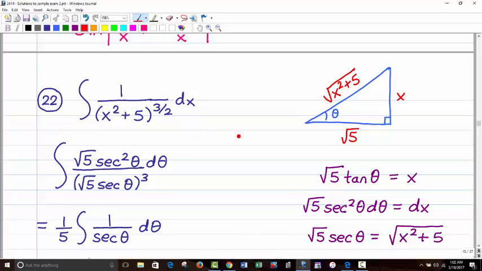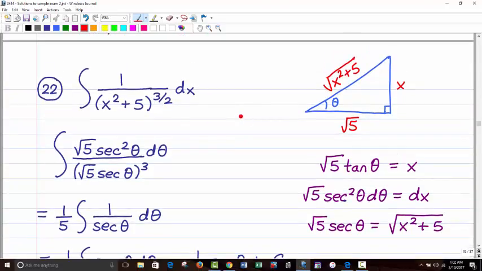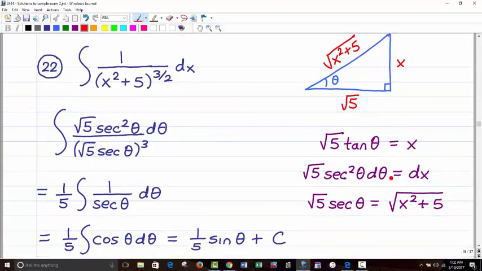So let's piece all this together then. So dx is my numerator here. It'll be square root of 5 sec squared theta d theta. Then on the bottom, here's what I was talking about. If the radical is square root of 5 sec theta, and you want to go from 1/2 power to 3/2 power, you have to cube it.